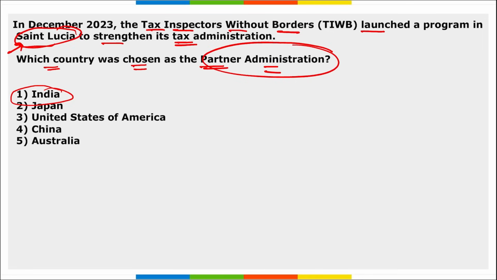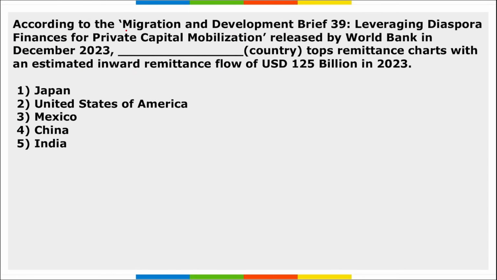experts in St. Lucia. Next, according to Migration and Development Brief 39, Leveraging Diaspora Finances for Private Capital Mobilization, released by World Bank in December, dash country has topped the remittance chart with an estimated inward remittance flow of $125 billion in 2023. So, which country topped?